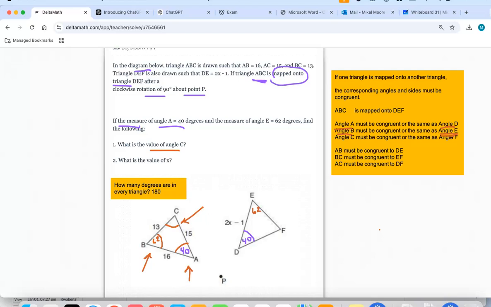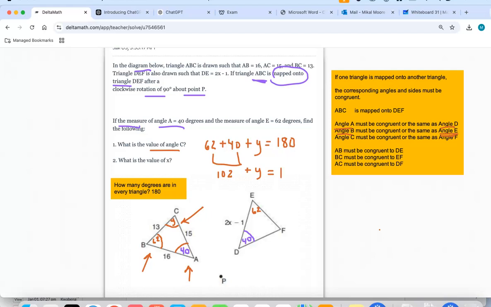we know that 62 plus 40 plus some number, let's call this y, must equal 180. So this is just an algebra question at this point. We can add these two, so that's going to be 102 plus y equals 180.